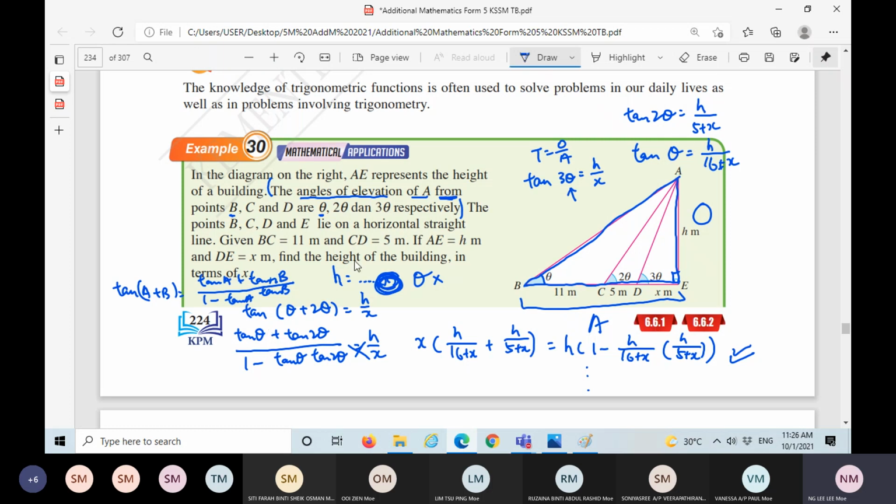They want to see whether you can break the 3 theta into theta plus 2 theta using the addition formula or not, and then replace tangent theta, tangent 2 theta with whatever you have just now, and then form this equation. This is good enough already actually. So this is applications.